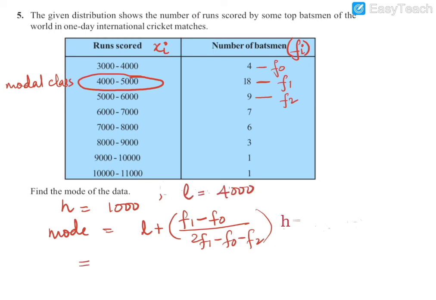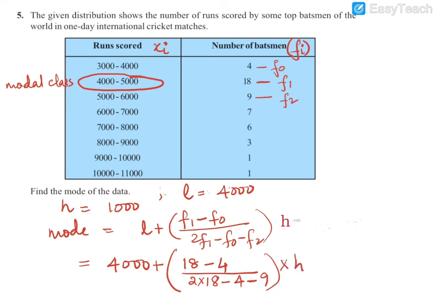So now substituting these values we get 4000 plus, in brackets, 18 minus 4 divided by 2 into 18 minus 4 minus 9, multiplied by H. So this is 4000 plus 14 divided by 36 minus 4 minus 9 into 1000.